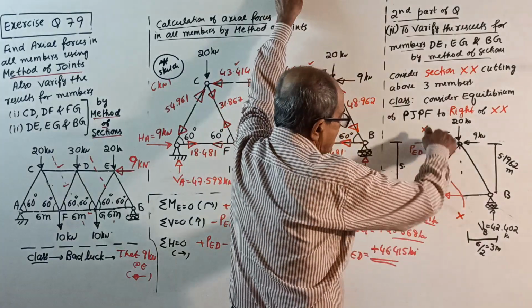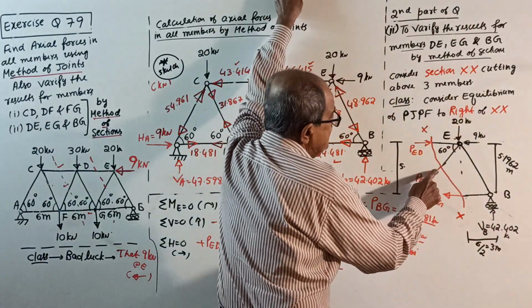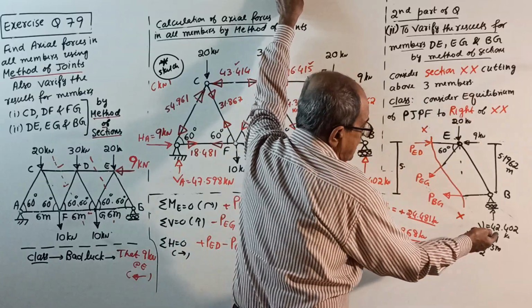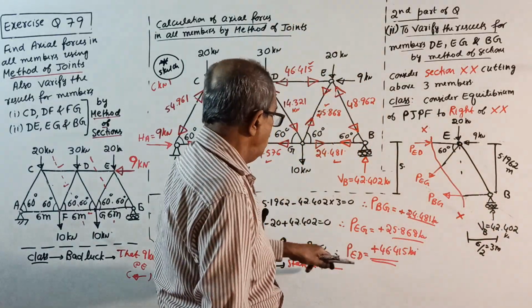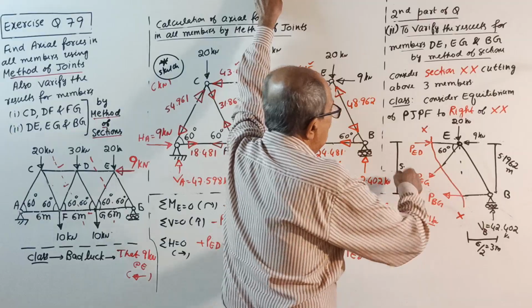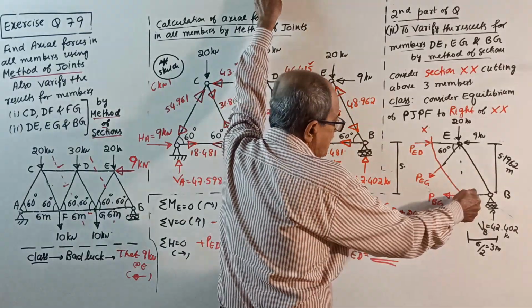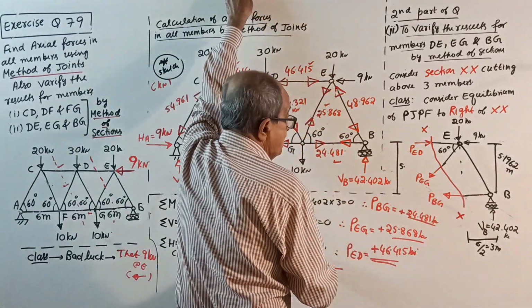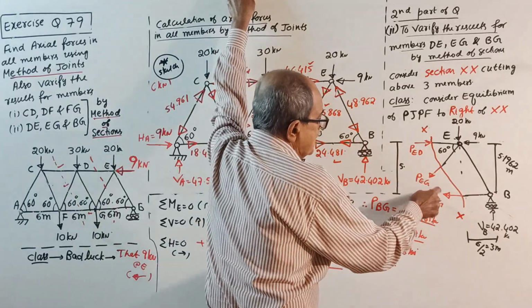Sigma V equal to 0: minus PEG sin 60 minus 20 plus 42.402 equal to 0. You get PEG. The answer is there. Sigma H equal to 0: the unknowns are PBG and PED. See, these two are over.